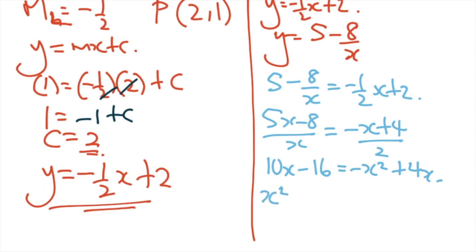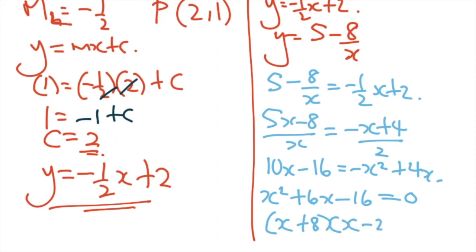So x squared plus 4x becomes, negative 4x plus 10x is positive 6x, minus 16 equals 0. So 16 is 8 and 2. So (x plus 8)(x minus 2) equals 0. So from here we know x equals negative 8 and x equals positive 2.